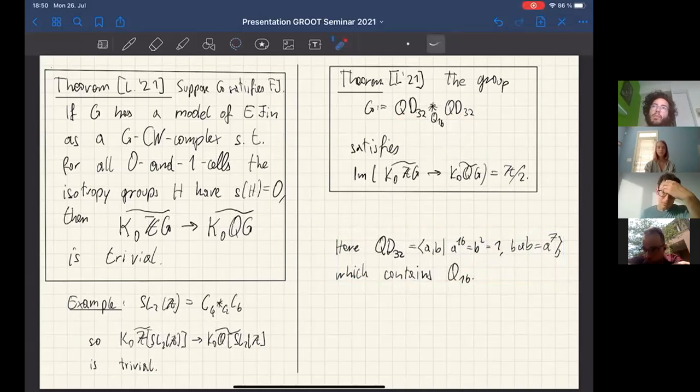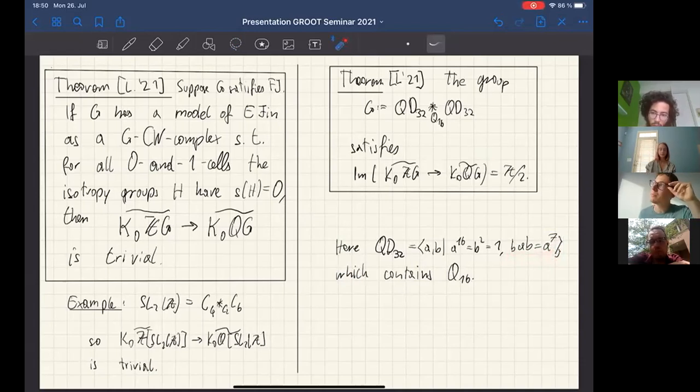Okay, and I'm just giving here the presentation of the group. This QD is also called the quasi-dihedral group, which is in between a quaternionic and a dihedral group, as in you have this conjugation property here, and for the quaternionic groups, this would be A to the 15, and for the dihedral groups, it would be A inverse.